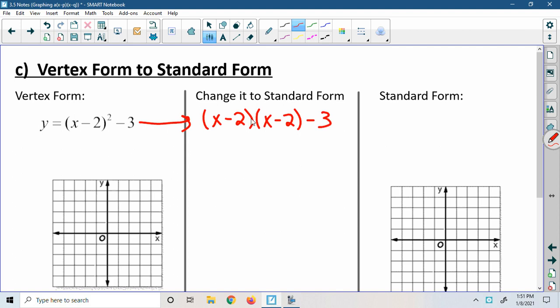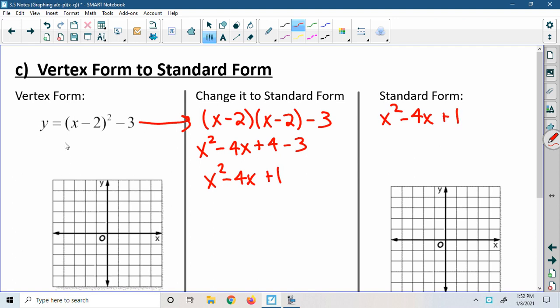When I FOIL together the two x minus 2's and I simplify, I think I'll eventually get x squared minus 4x plus 4. Then we'll have that minus 3. Combining like terms, we'll have x squared minus 4x plus 1.